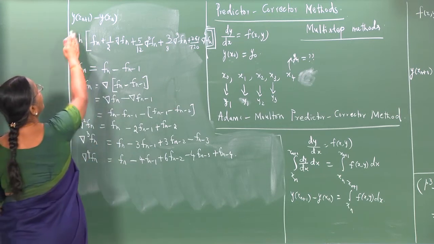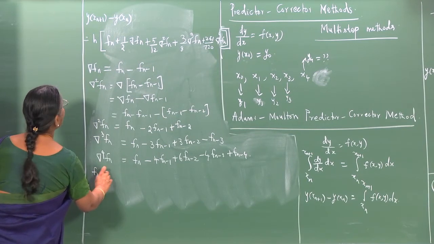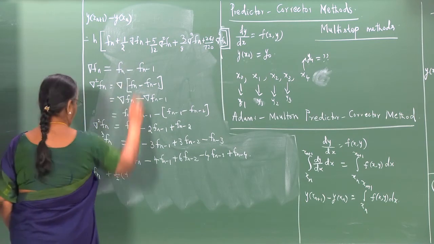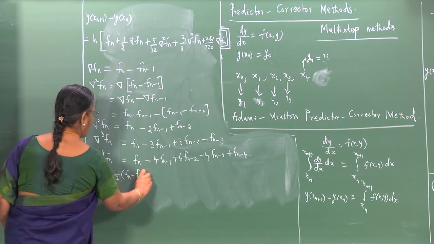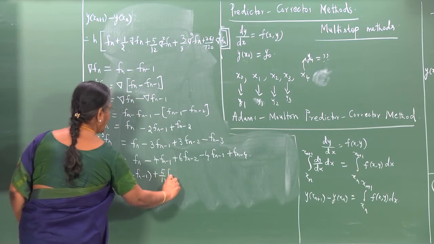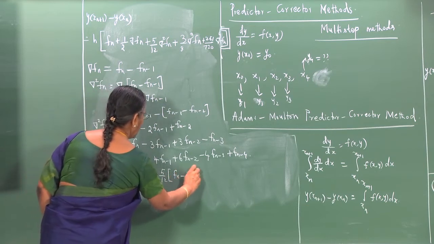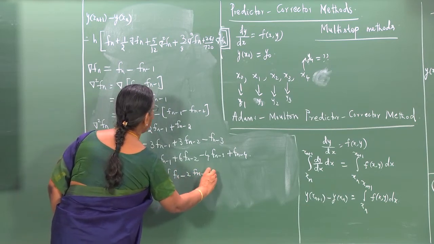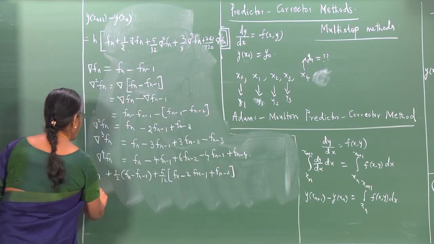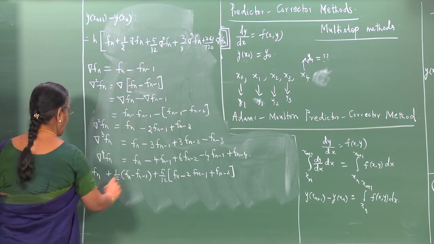Now we have to substitute these here and collect the like terms and then write down the result finally. So, the first term is Fn, the second term is half of delta Fn, which is Fn minus Fn minus 1. Then the next term is 5 by 12 into del square Fn, that is Fn minus 2 Fn minus 1 plus Fn minus 2. Then I have 3 by 8 into del cubed Fn.